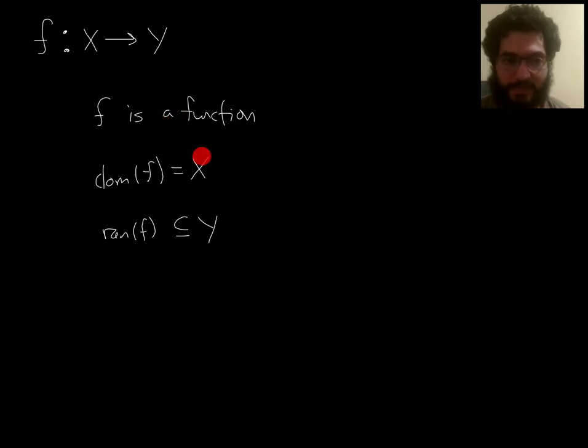And then I think of this as telling me what are the possible inputs. So here big X is the set of possible inputs, the things that could be inputted into f to get outputs. And then this last part tells me some information about the outputs. It tells me that the outputs all end up being in y.